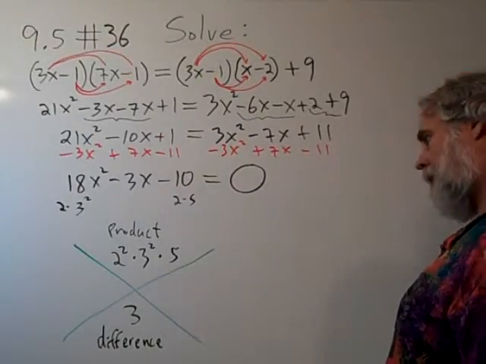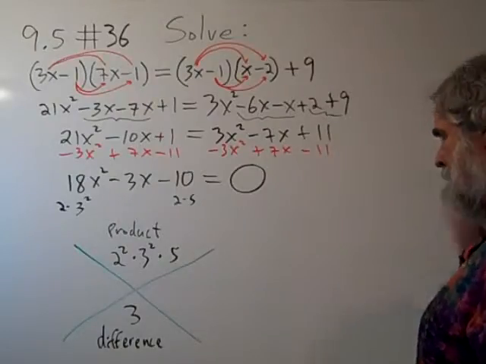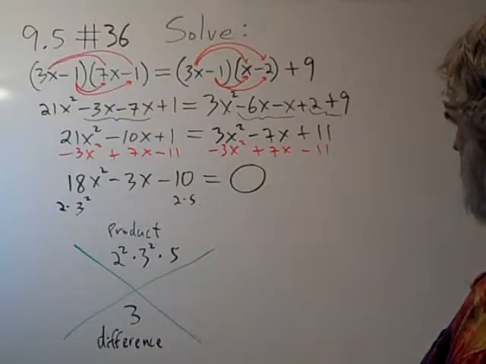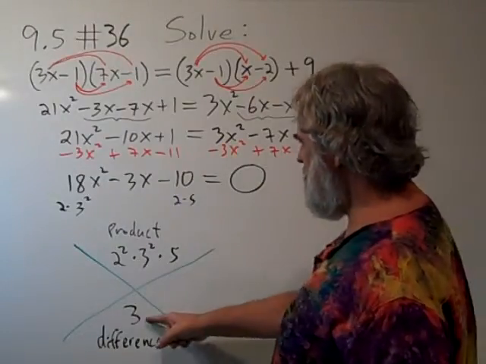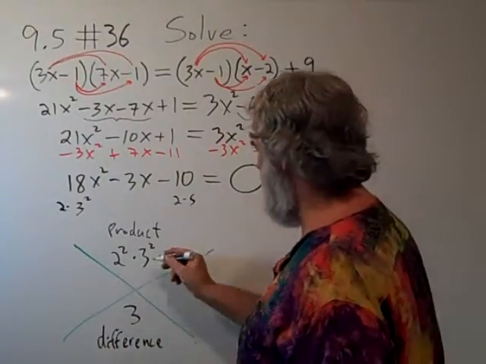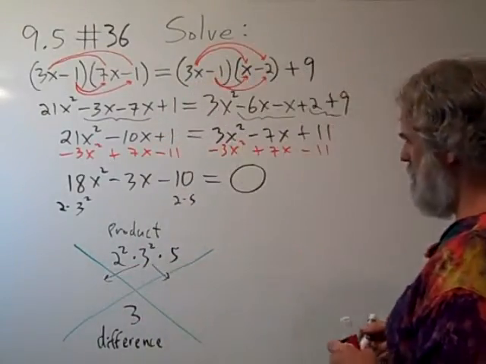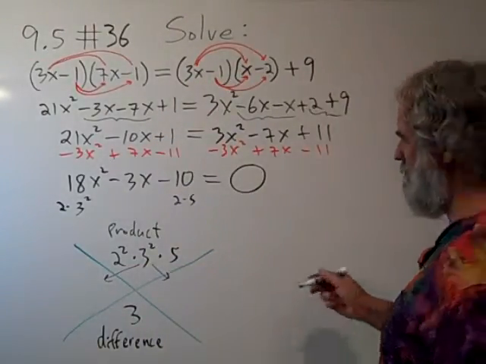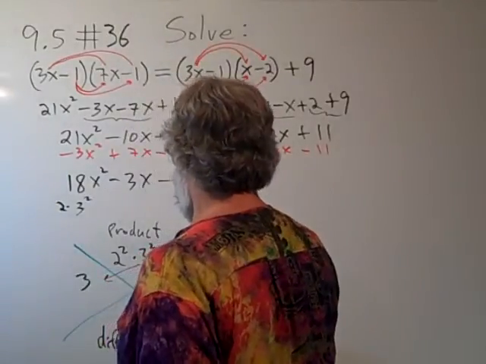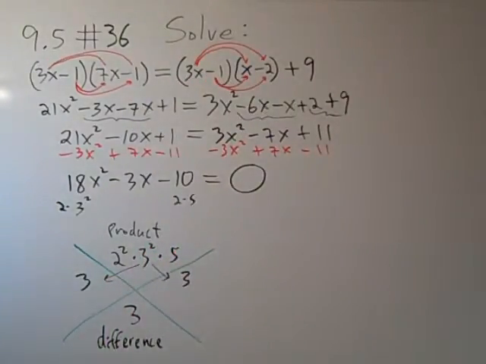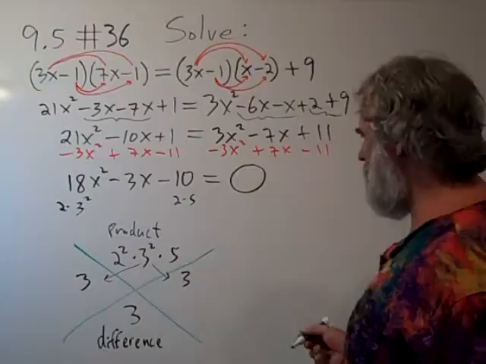Well, the difference is 3, so let's see, how can we do this most evenly? The difference is 3, and so each could have a factor of 3, so let's put a 3 factor in each. The difference is divisible by 3, so perhaps each factor is. So that takes care of the 3's. Now we've got two 2's and a 5.